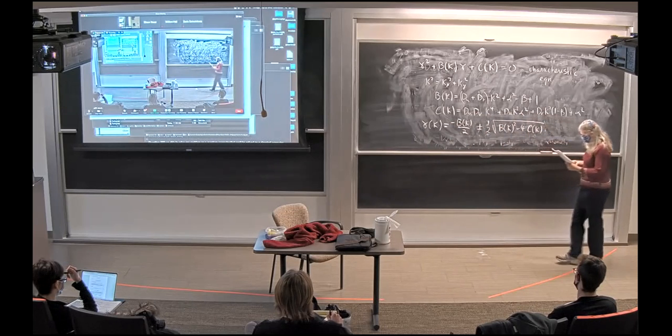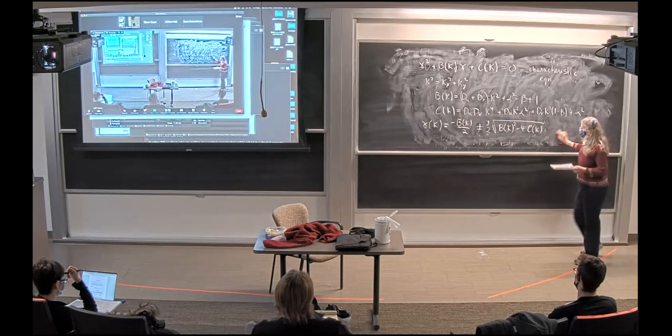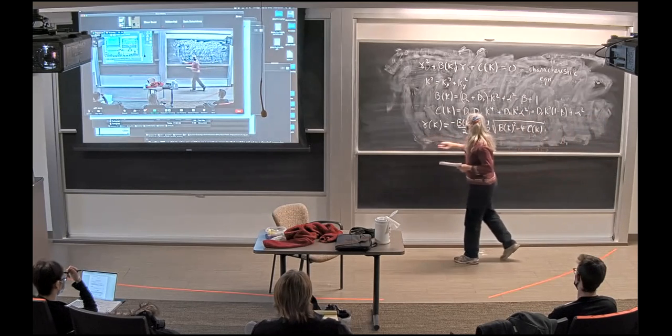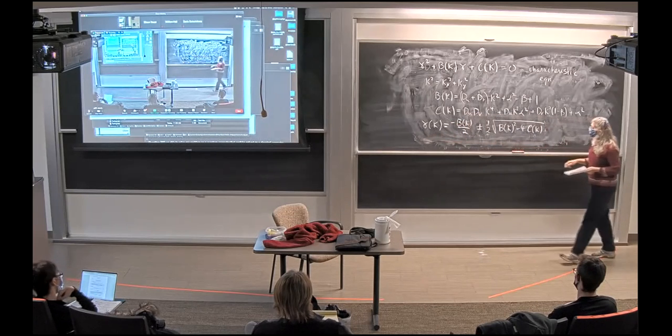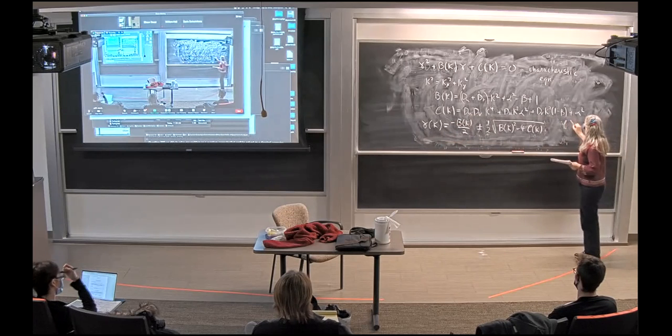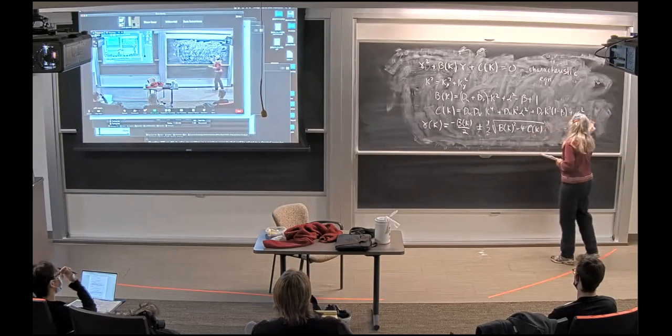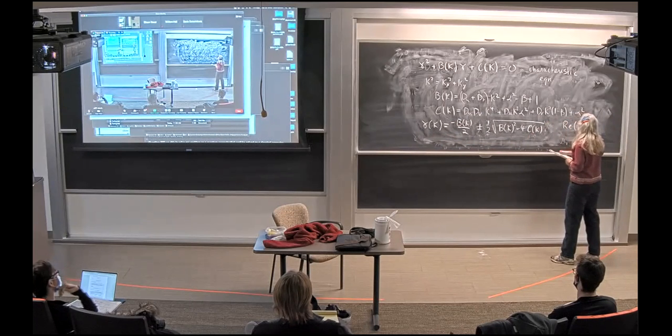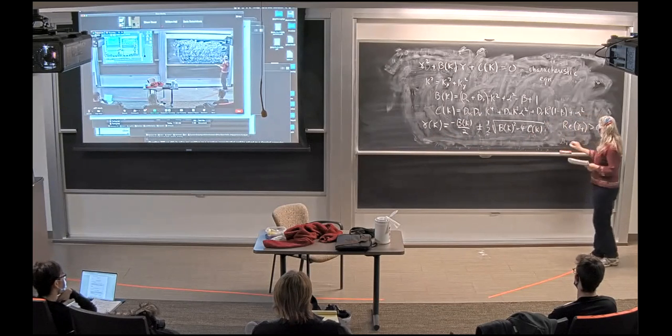Yeah. That looks right. So we can solve. So we get two roots. So if the plus root has a real part greater than 0, so let's take the biggest root, real of gamma plus is greater than 0.